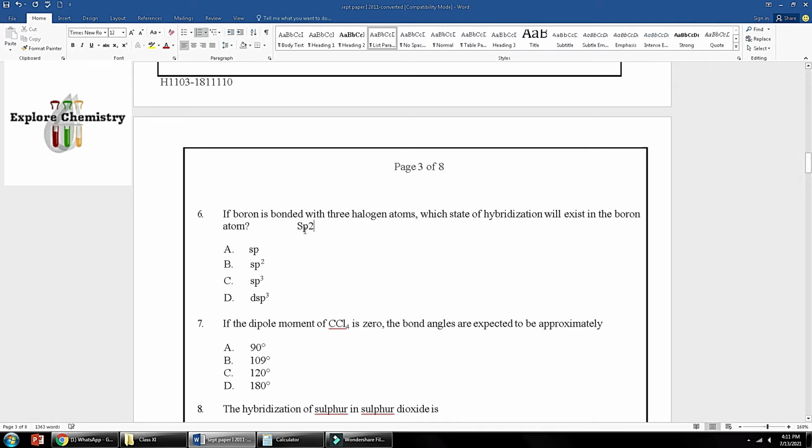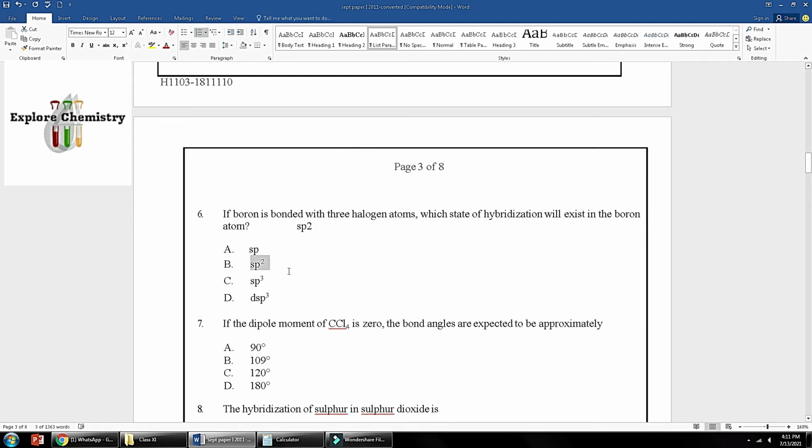One s and 2 p orbitals are present in sp2. So there are a total of 3 hybridized orbitals. In the case of sp, 2 hybridized orbitals are formed. In the case of sp3, 4 hybridized orbitals are formed. So 3 atoms are attached, means there are 3 hybridized orbitals, and hybridization will be sp2. This will be the correct answer.